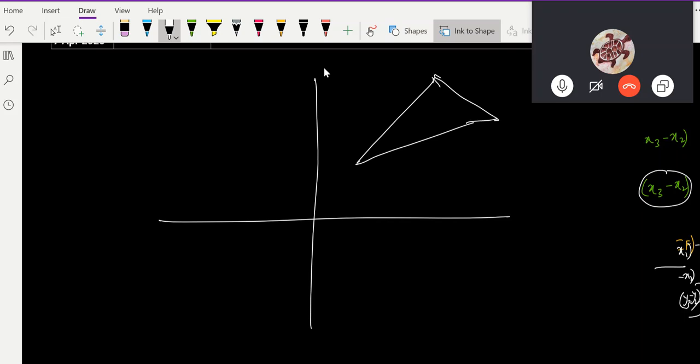So I have to drop a perpendicular from this point on this line, right? This is where I can use the distance formula, correct? Now, how do I find this line AD? You have to find this height, right? If I take BC as the base, I have to find this height. How do I find this height?